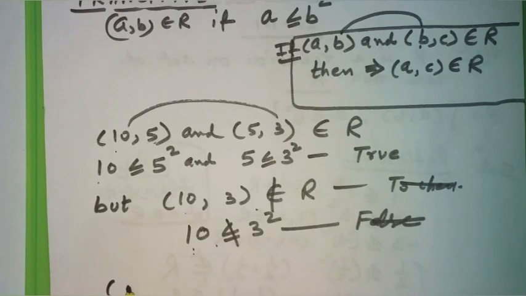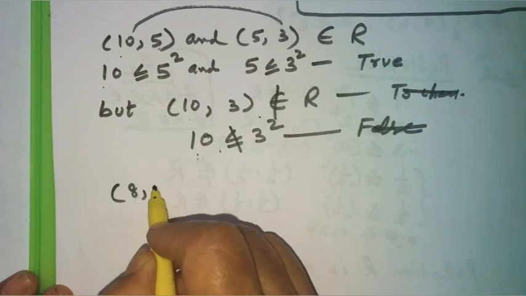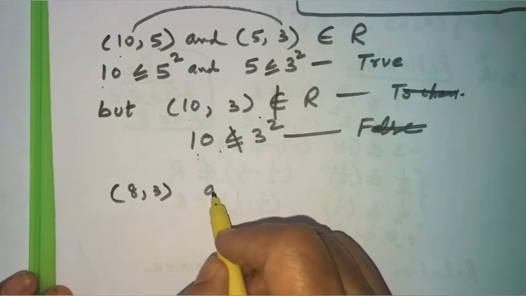I can give you one more example, say (8, 3) and (3, 2).